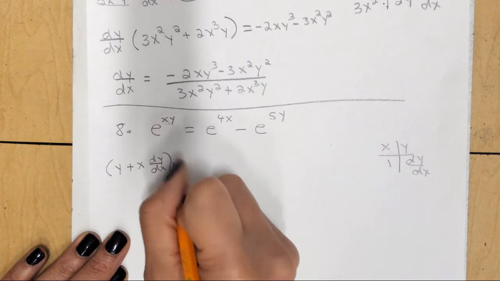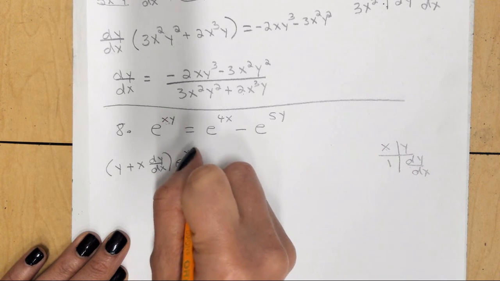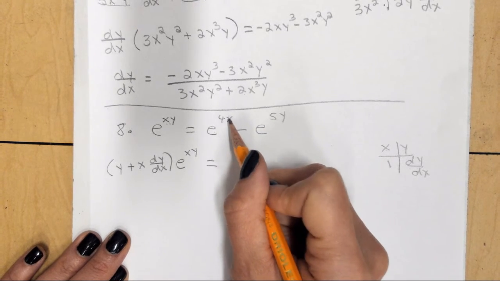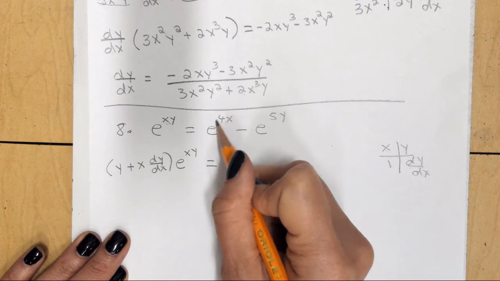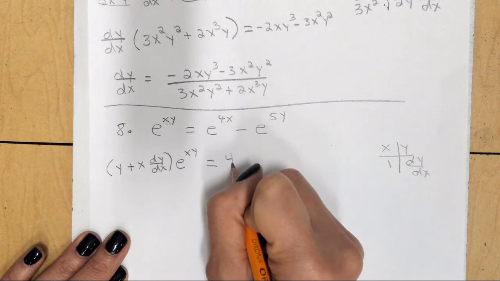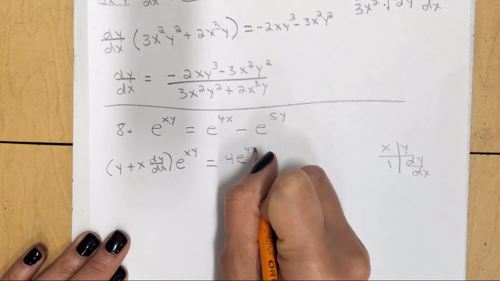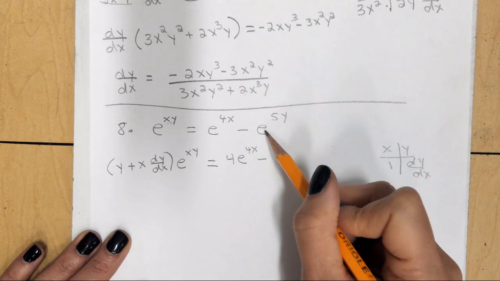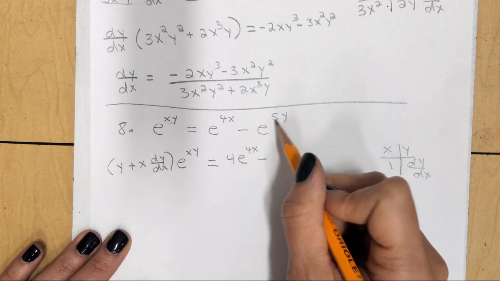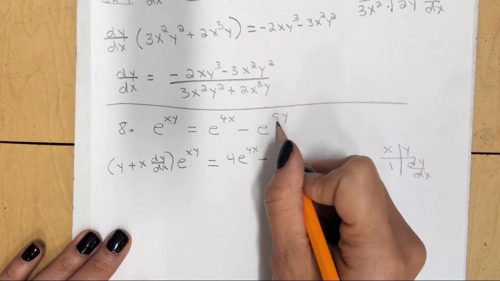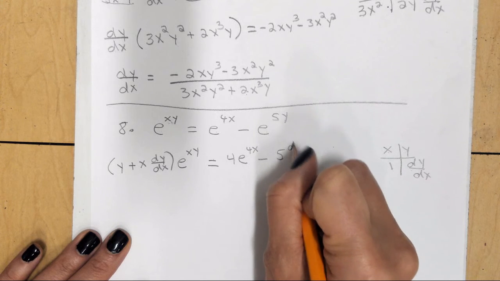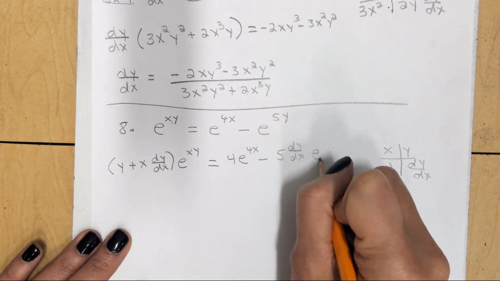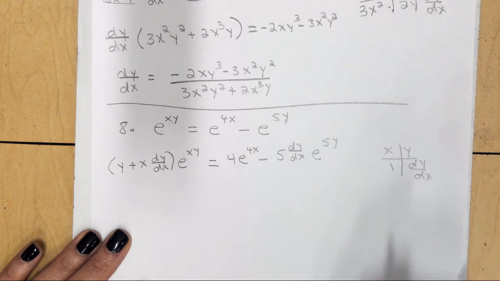And then e to the something is e to the something. Equals, well, e to the something, that something's more than x, so derivative of the inside 4x, that's 4, and then I keep e to the inside function. Minus e to the something, well, that something is a 5y, so derivative of 5y is 5 dy over dx, since it's y, and then e to the 5y.